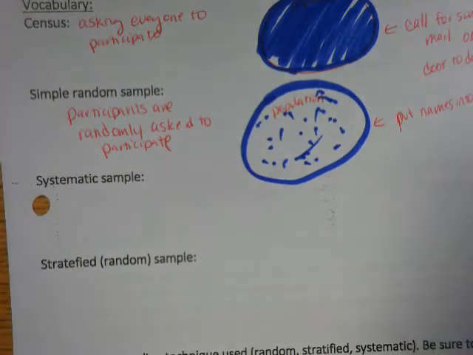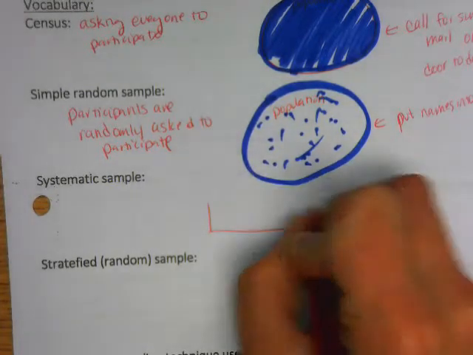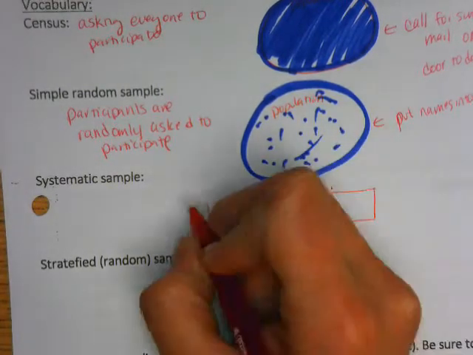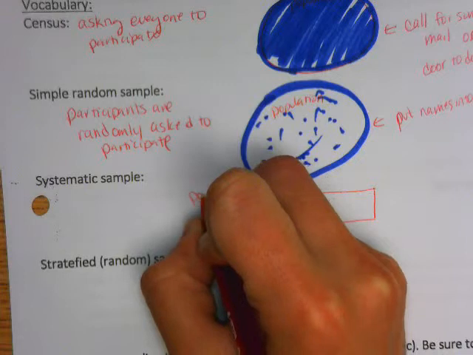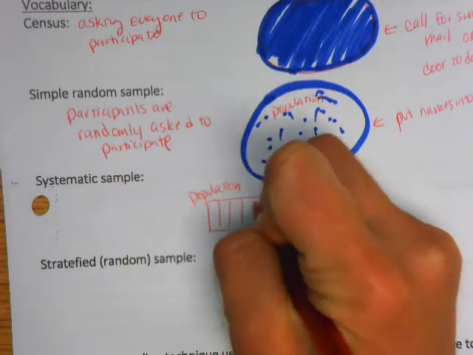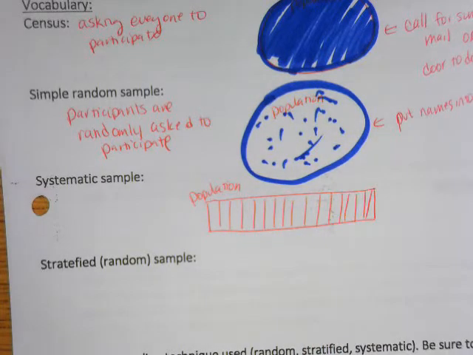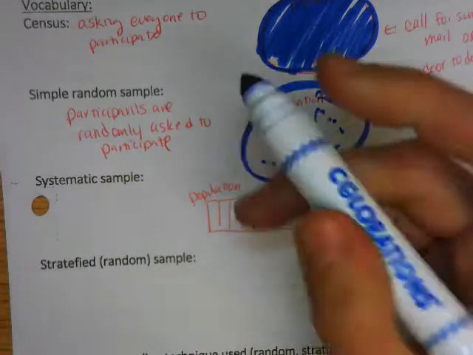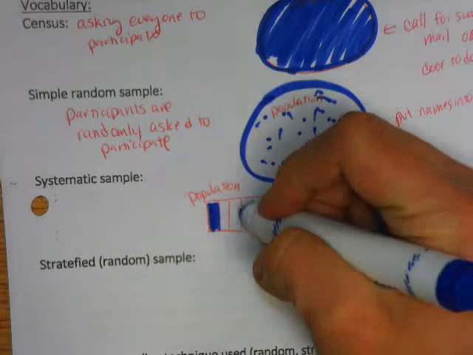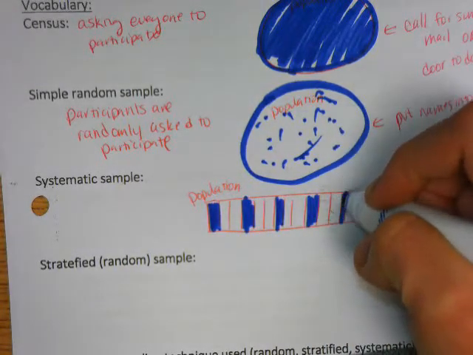A systematic sample, I'm going to start out just by drawing the picture first. Let's say this box represents our population now, and every member is a little box inside. Okay, so a systematic sample is whenever you pick every nth person.